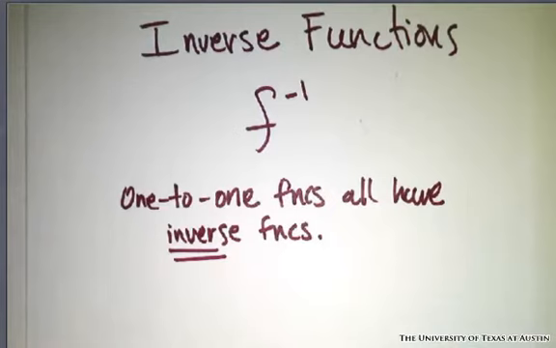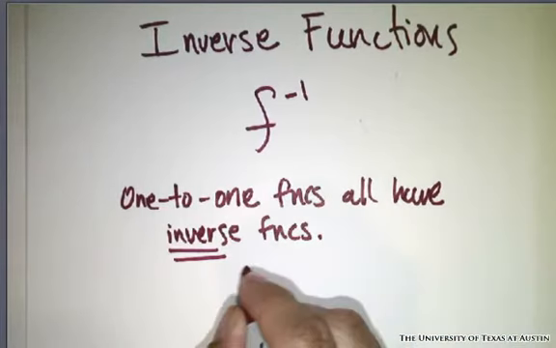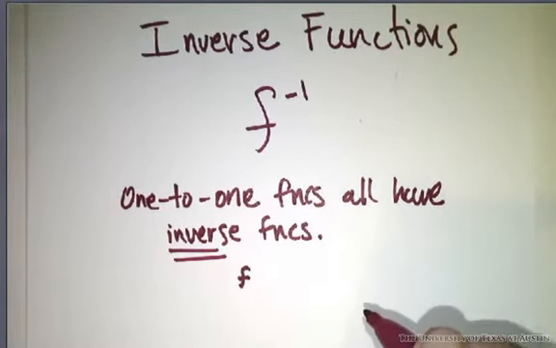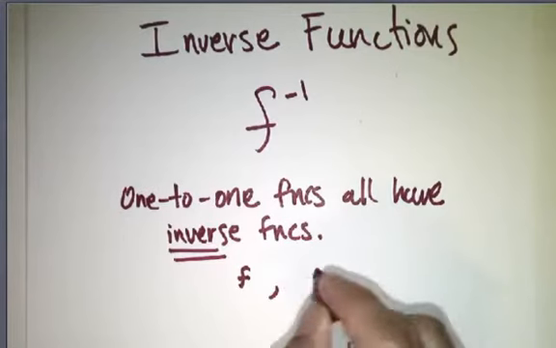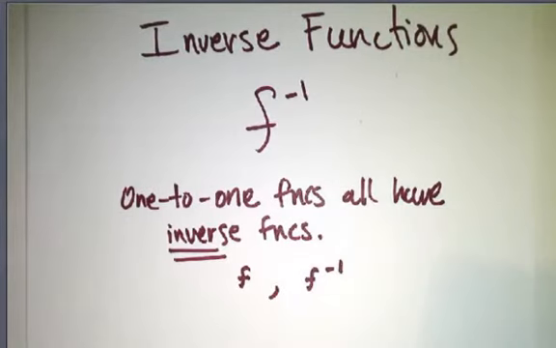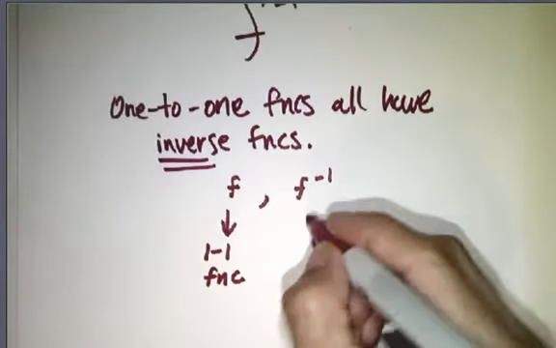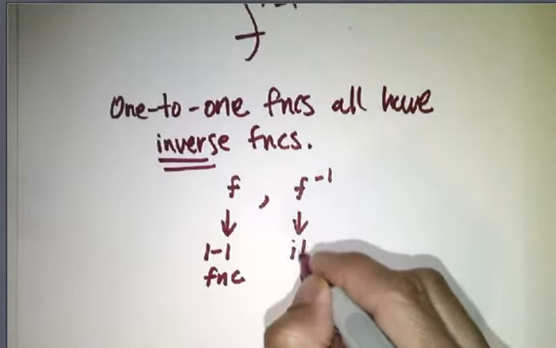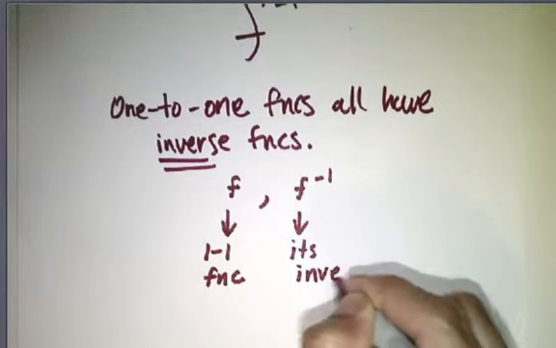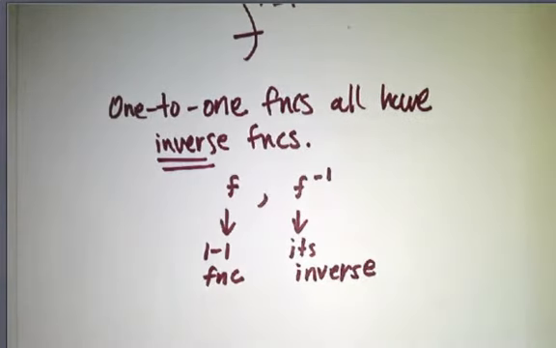The notation we use: f is our notation to represent our function, then f inverse would represent its inverse. F is my one-to-one function. F inverse is its inverse. Okay, so that's the notation.